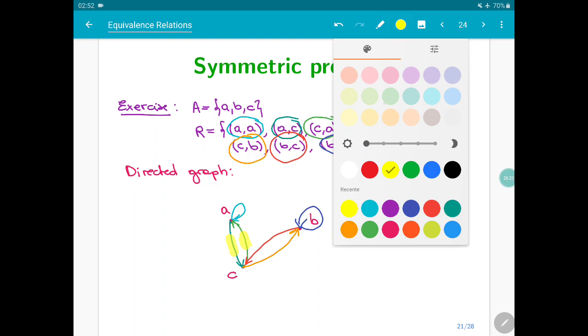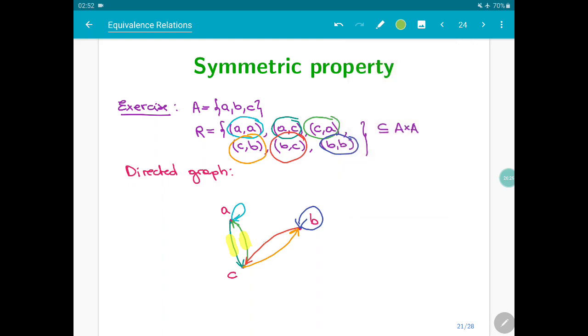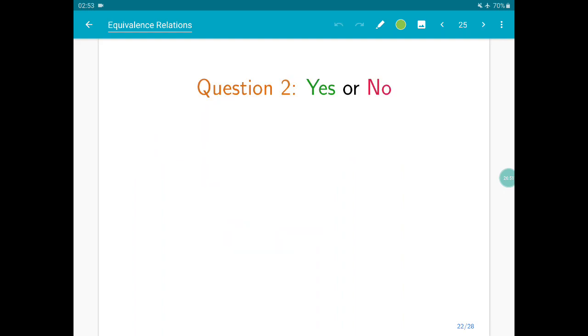And same here, you have this edge from B to C and also you have the edge from C to B. Okay, so this is how you see in the directed graph if your relation is symmetric. If you have an edge from one direction to another, you want also another edge that has the reversed arrow.